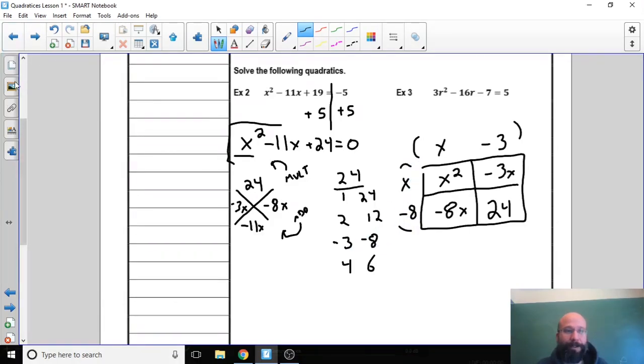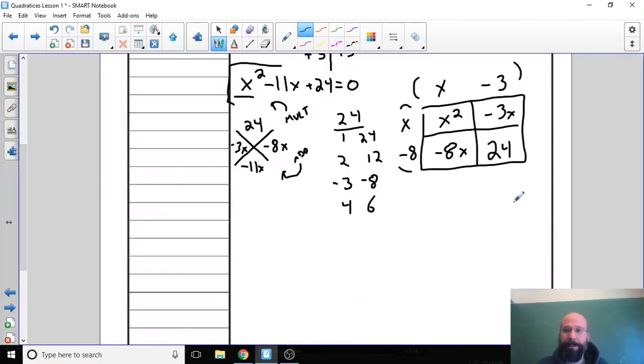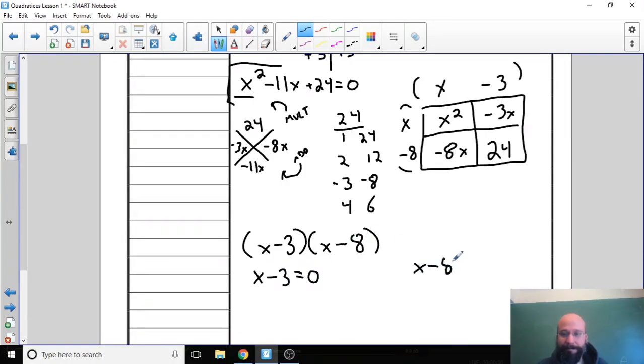And those are my 2 binomials. I'm going to scroll down a little bit. And then I've factored it: x minus 3 and x minus 8. Now I set each side to 0 and solve for x, which is a 1-step equation.